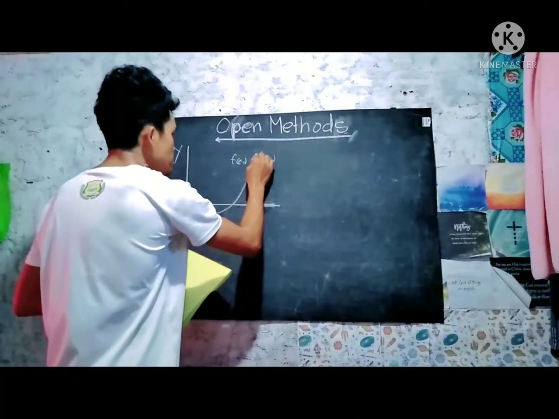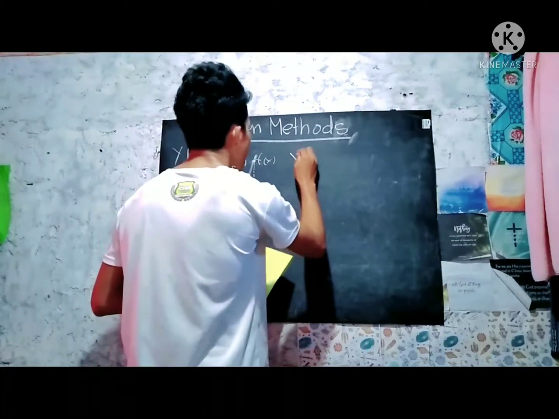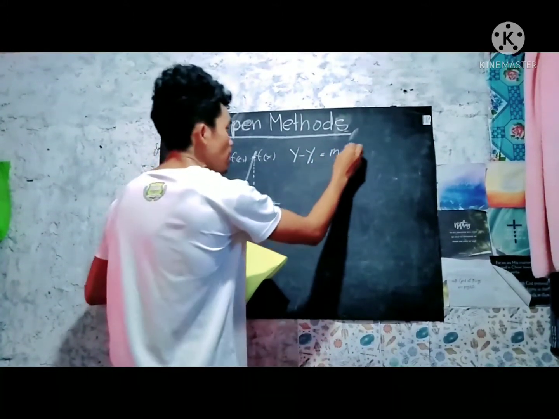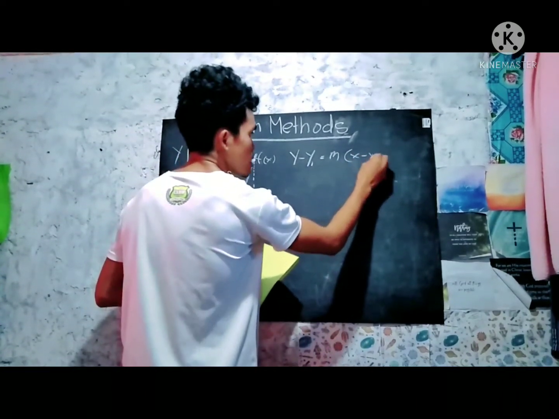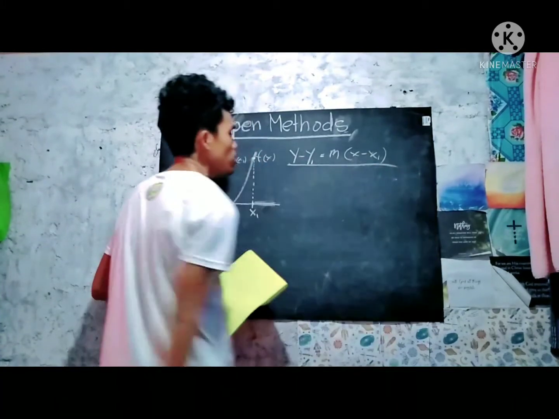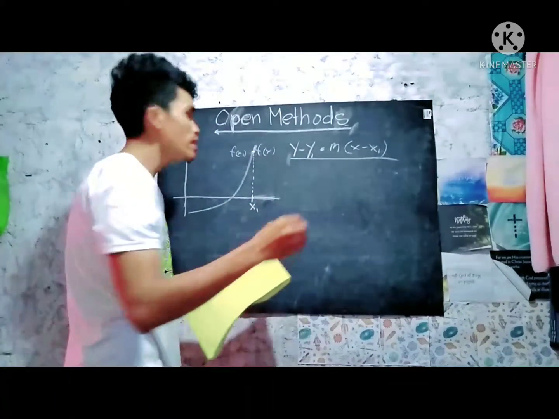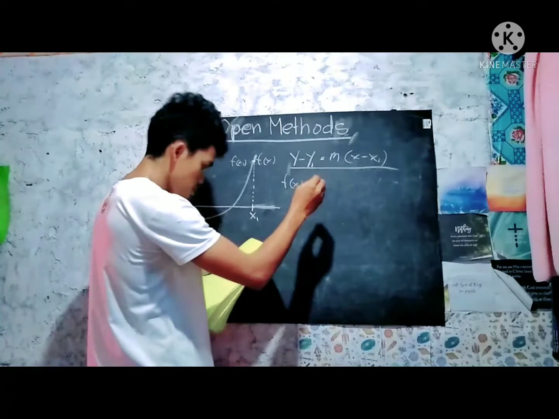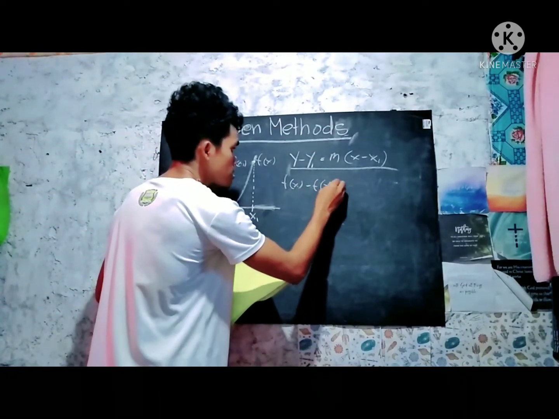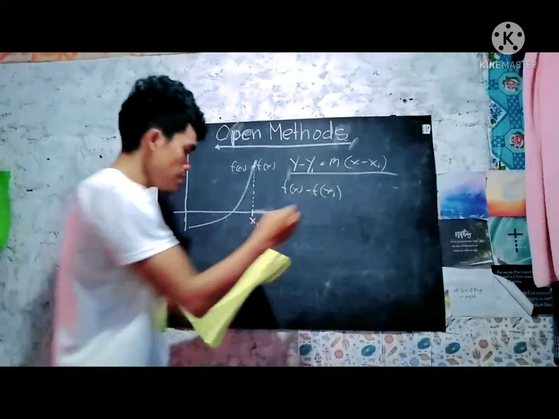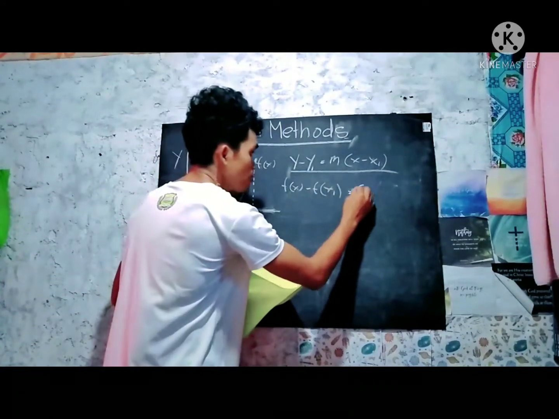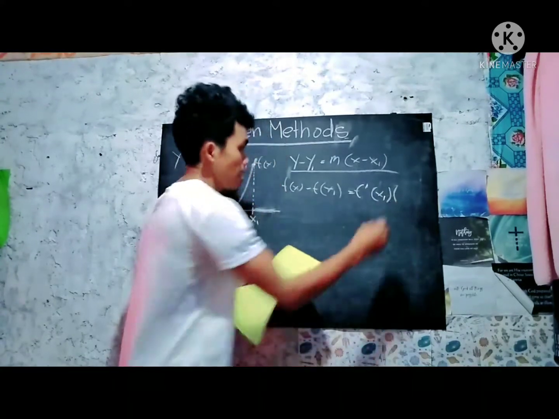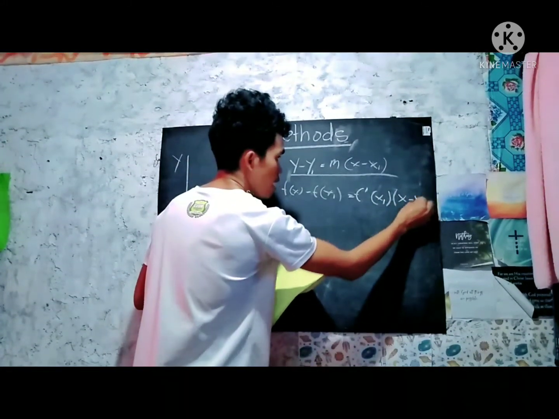To find this f of x1, we have y minus y1 is equal to m times x minus x1. If we evaluate this equation, we're gonna have f of x minus f of x1 is equal to f prime of x1 times x minus x1.